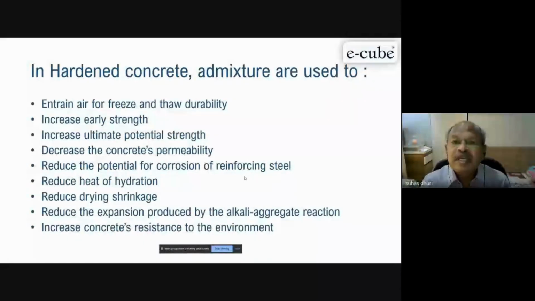So paste should be minimized in concrete to reduce the drying shrinkage, and strength can be increased by reducing the water content. So you can use optimum water content with optimum paste, then shrinkage will be less. More cement paste, more shrinkage. More water, more shrinkage.